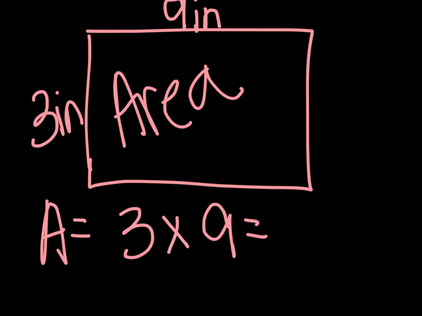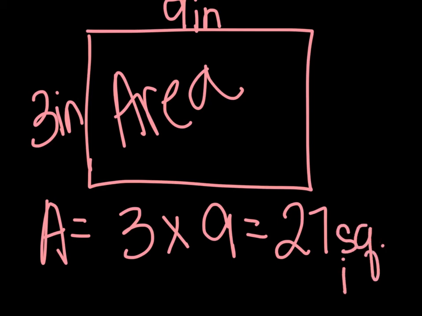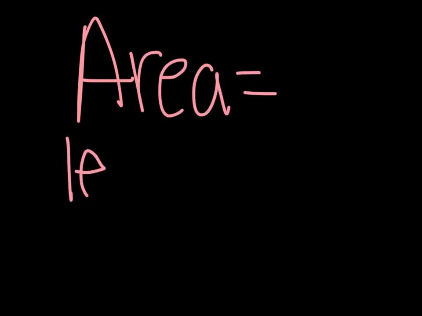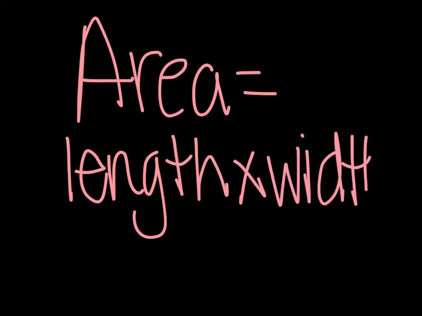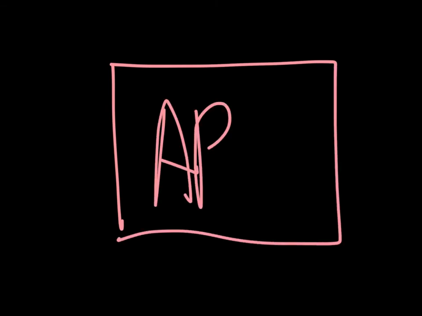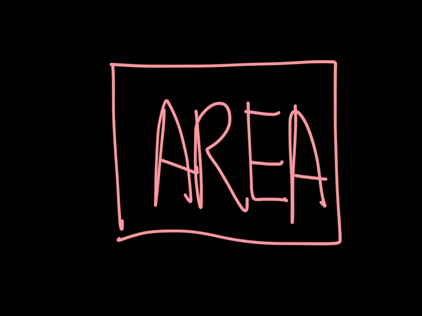We know that 3 groups of 9 is 27, and then again, we have to write the word square, but instead of units, we're going to say square inches. And I'm just going to abbreviate the word square and the word inches there. So when you're thinking about area, you want to remember that you're multiplying the length times the width.